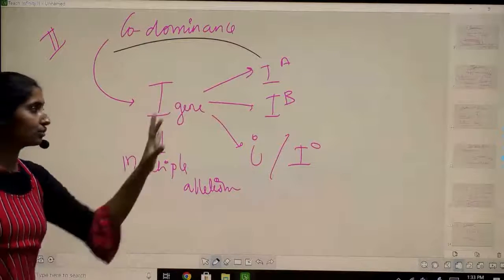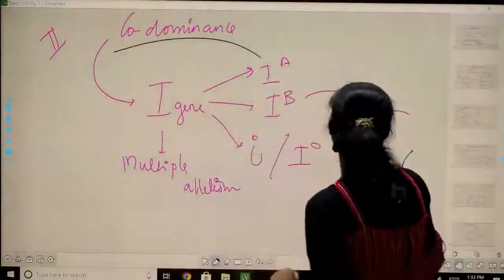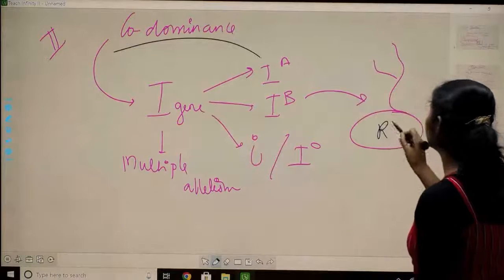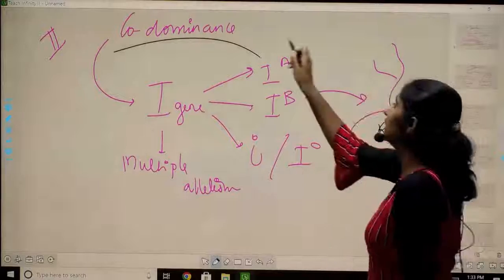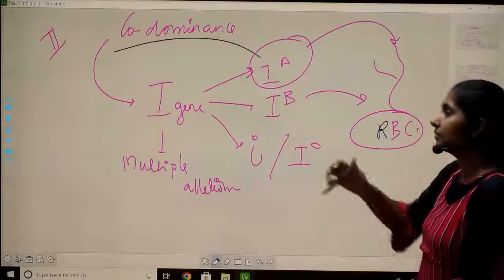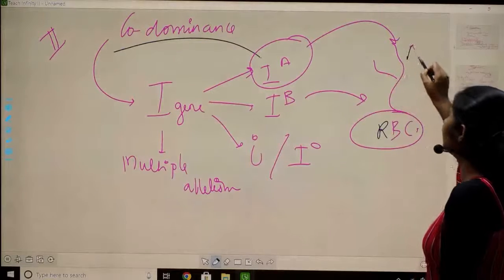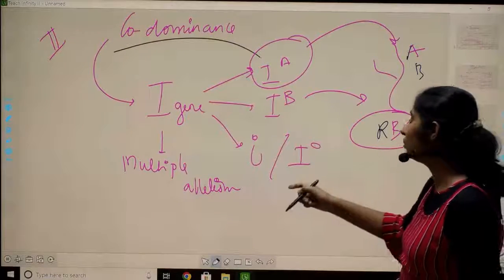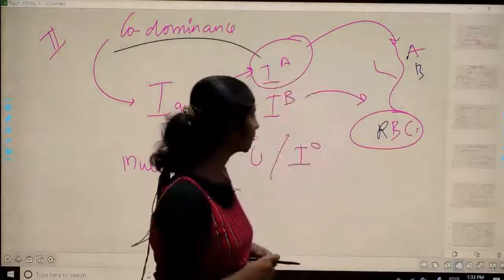Now what is the function of these alleles? They code for the antigen that is to be added on the RBCs. Depending on the allele, the antigen would be added on the RBCs. For example, if the allele is IA, then the antigen that would be added would be A. If it's B, then it would be antigen B. And if it's O, then no antigen would be added onto the RBC surface.